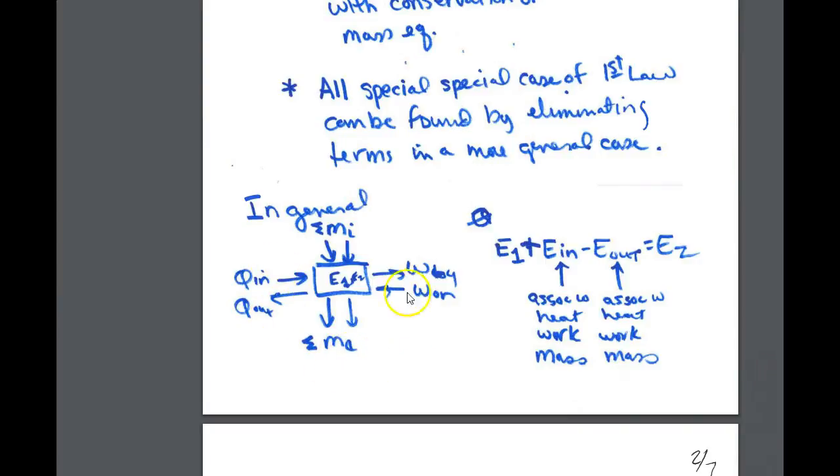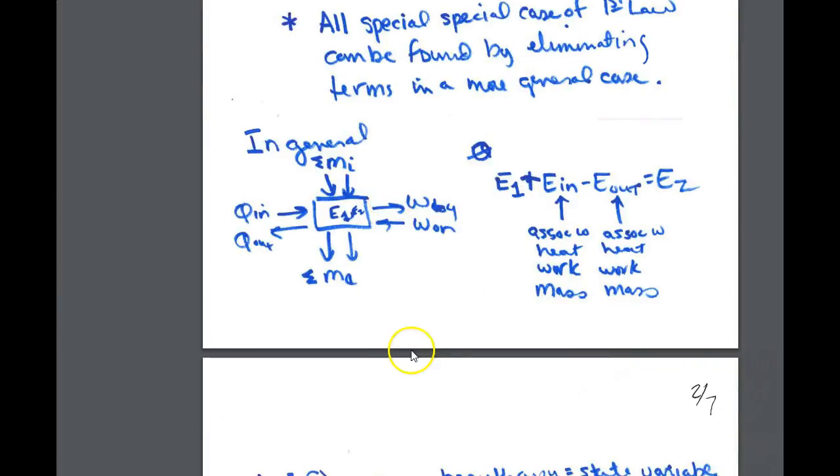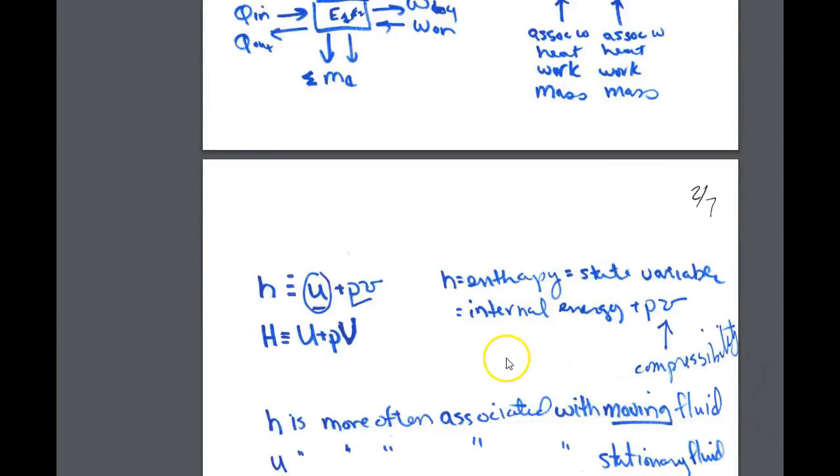We have heat in and out and work in and out. And so we have the energy at time 1 plus the energy that comes in minus the energy that goes out is equal to the energy at time 2. Now, this energy can be associated with heat, work, or mass, as can be the energy in and out. So what we're going to do today is to break that down specifically as to what those terms look like.